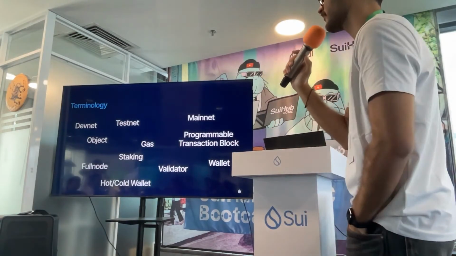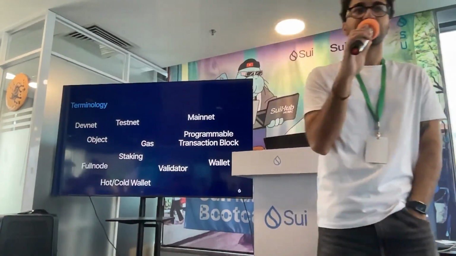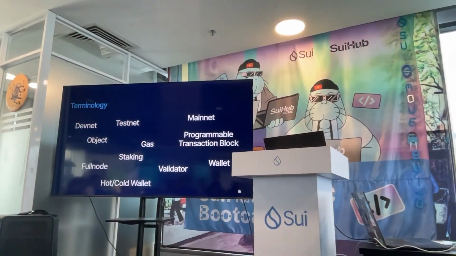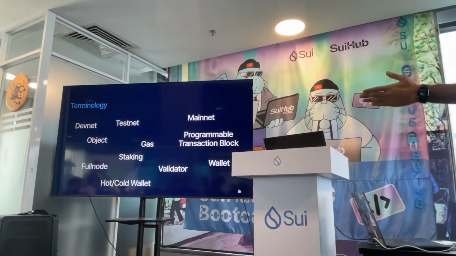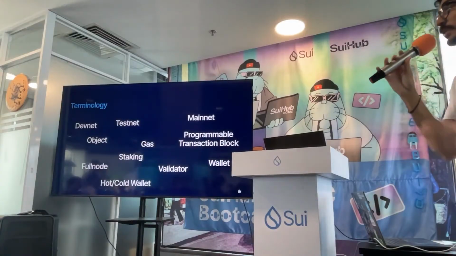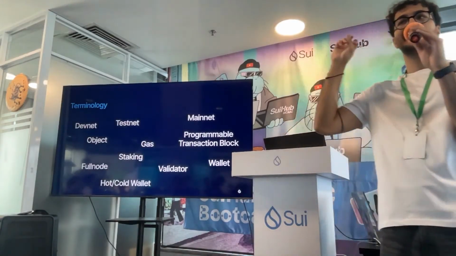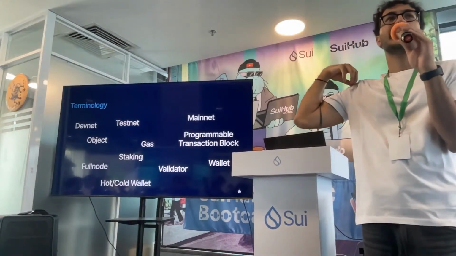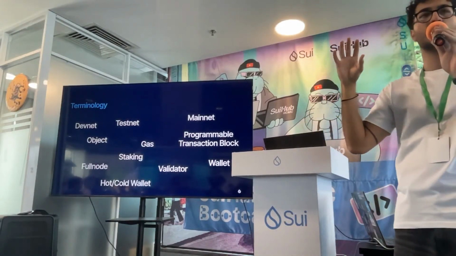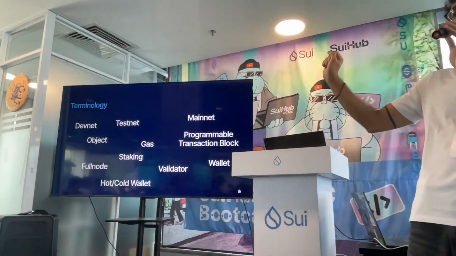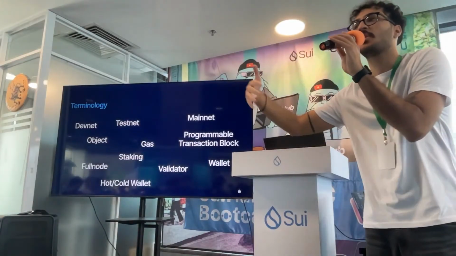Okay, let's start from the full node. Basically, think of the full node as the server that would be your first point of contact, as a user that wants to interact with the network, with the validators themselves. You don't actually do that directly with the validators. You do that through a full node. Imagine this as, in a Web 2 scenario, the API that allows you to talk to the network.